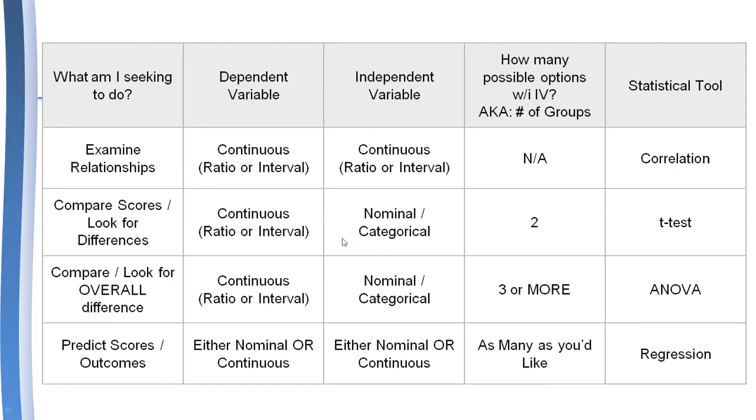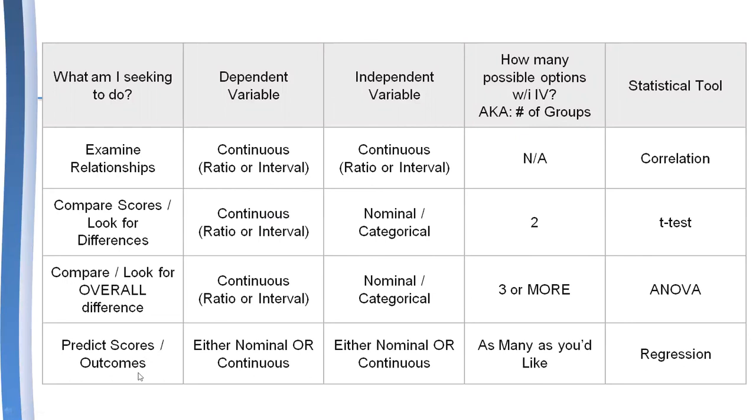Or is my grouping variable gender, and I have four options, female, male, non-binary, other, right? That would indicate that there are three or more options. So the number of options within the independent variable, or how many groups I have, determines the t-test versus ANOVA, right?